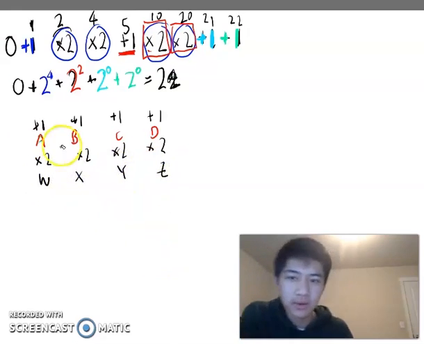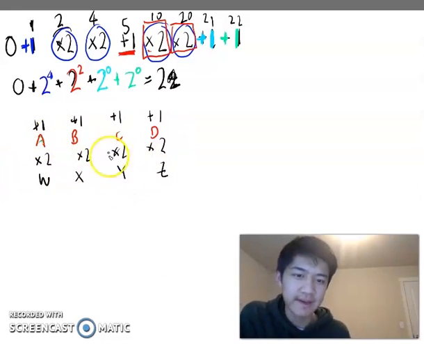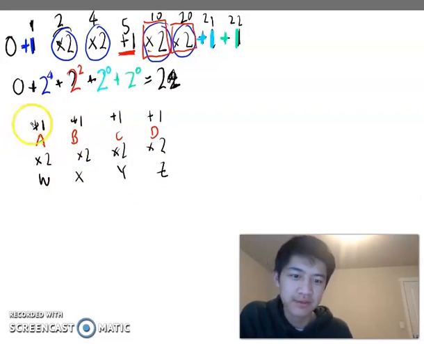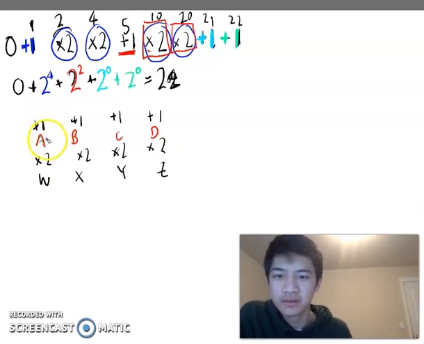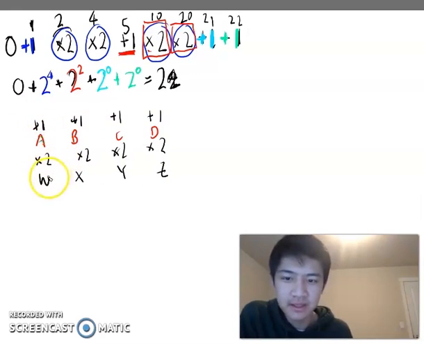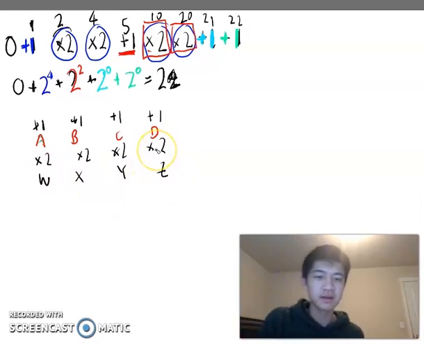Okay, so for each plus 1, we're looking at the number of times 2's that come after it. For example, if we just look at the first A, what's the probability that it comes before W, X, Y, and Z? Well, think about organizing 5 different letters in an order.